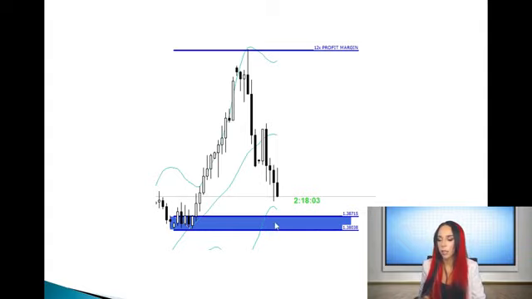So the first question is, what if this pullback is a trend change? What do I expect to happen? What could happen? So scenario 1, if this whole pullback that we're seeing represents a future trend change, and it is a trend change, then this demand will either be broken or be minimally reactive before it gets taken out.